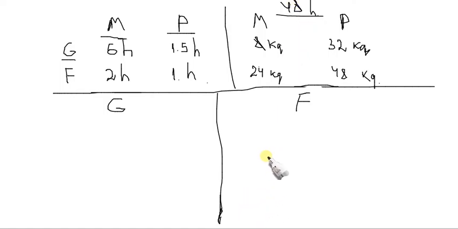We have only one resource, which is time, and both of them have 48 hours. In 48 hours, when we do a simple calculation, we will have 8 kilograms of meat for the gardener and 24 kilograms of meat for the farmer, and for potatoes, 32 kilograms for the gardener and 48 kilograms of potatoes for the farmer.